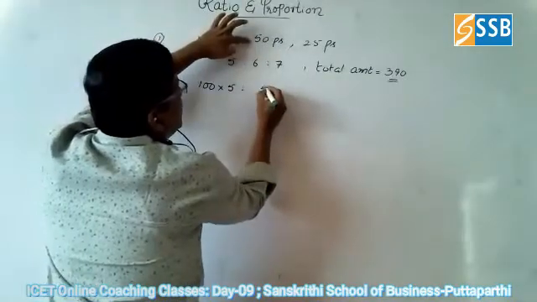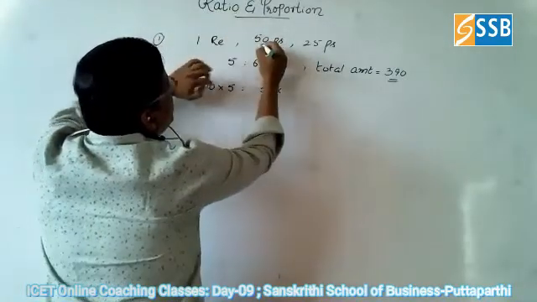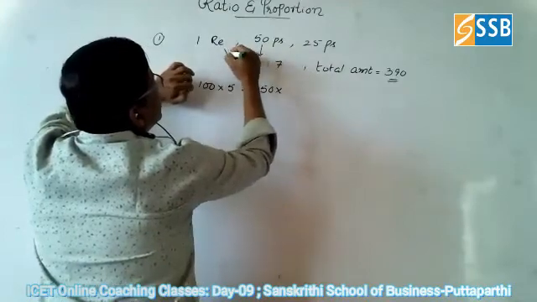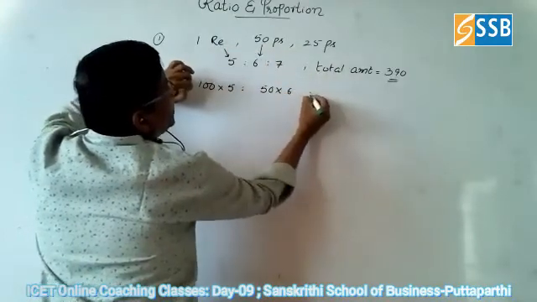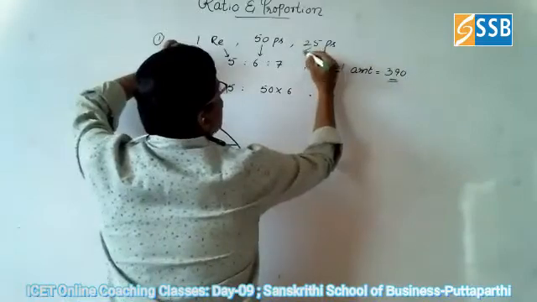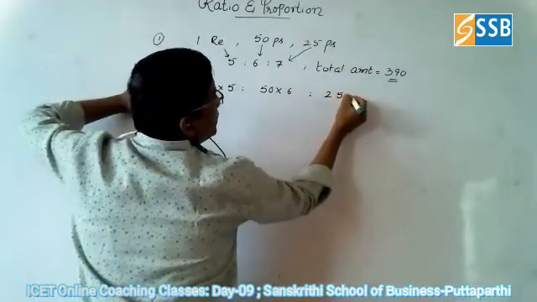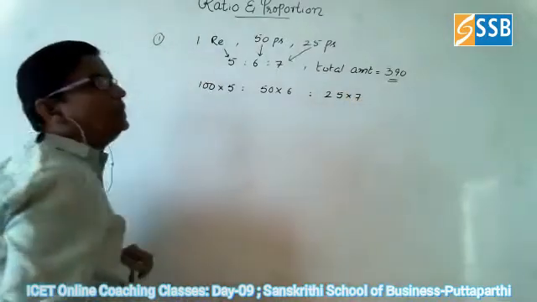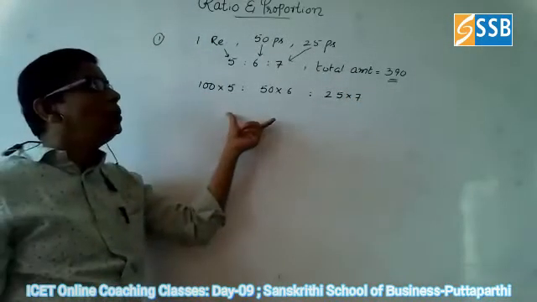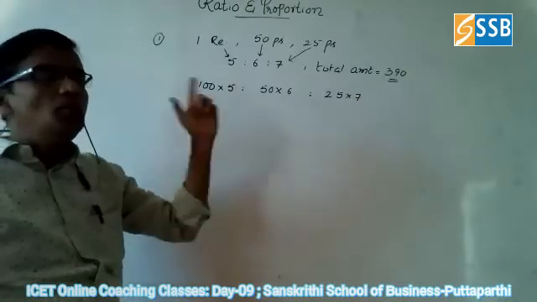Write down 50 into 6, since 50 paise coins are 6 parts, and 25 into 7, since 25 paise coins are 7 parts. So this is the original ratio of the total amount.